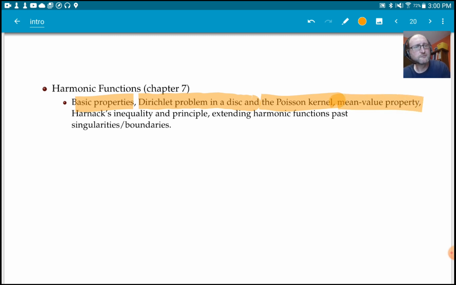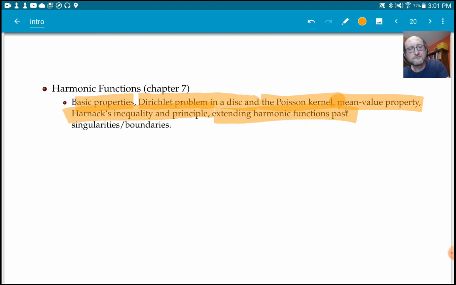We get the mean value property: harmonic functions are exactly the functions whose values are the averages of their values on a circle. We have Harnack's inequality and principle. It's sort of like Schwarz, basically getting some inequalities based on how far away you are while still being harmonic.